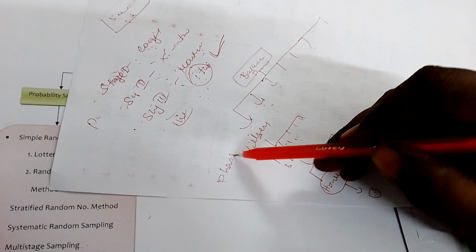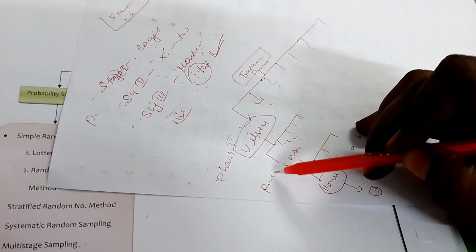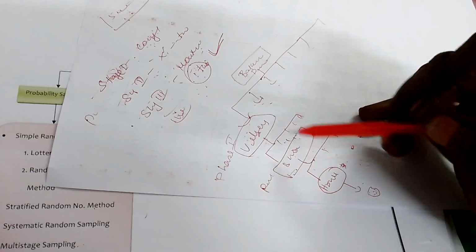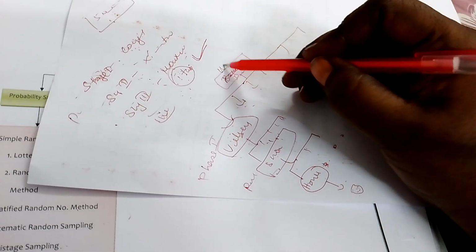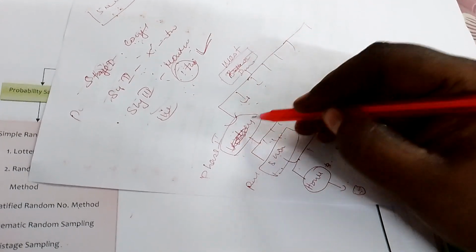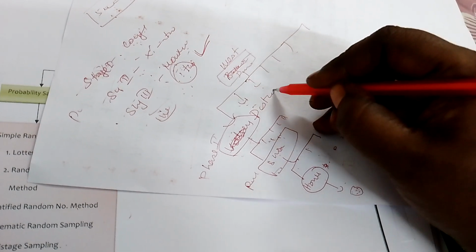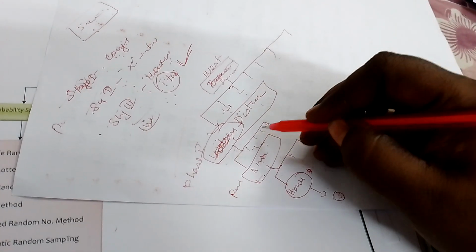In multi-phase sampling, phase 1 will be at the village level, and phase 2 another level. If it is West Bengal, many districts come in, so phase 1 will be the district level: Bankura district, Bardhaman district, many districts in West Bengal.